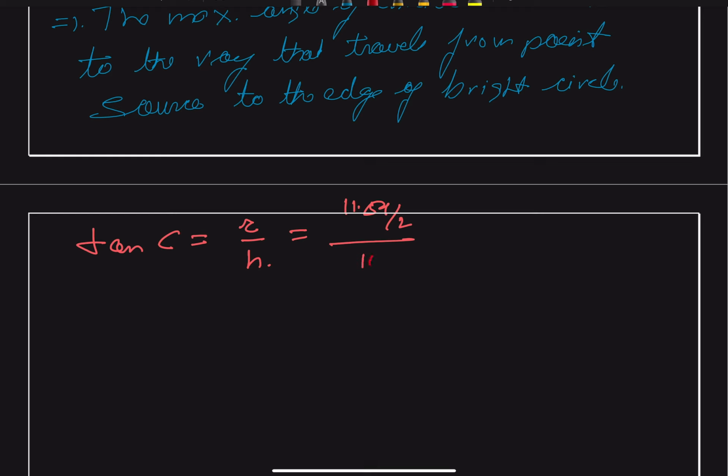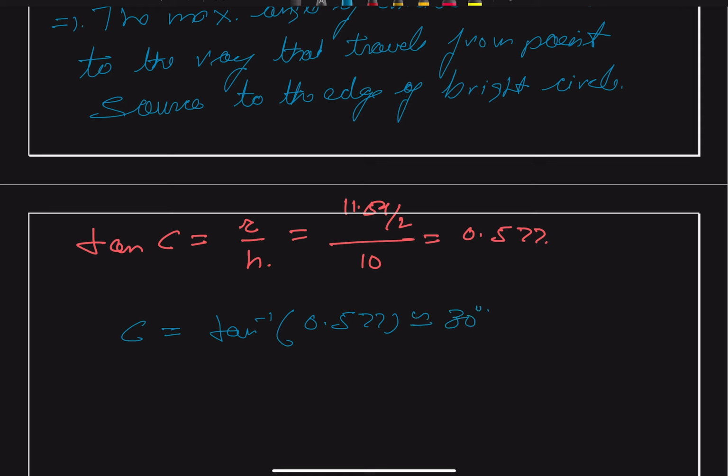So this comes as 0.577. So we can find the critical angle C will be equal to tangent inverse of 0.577, and this is approximately equal to 30 degrees.